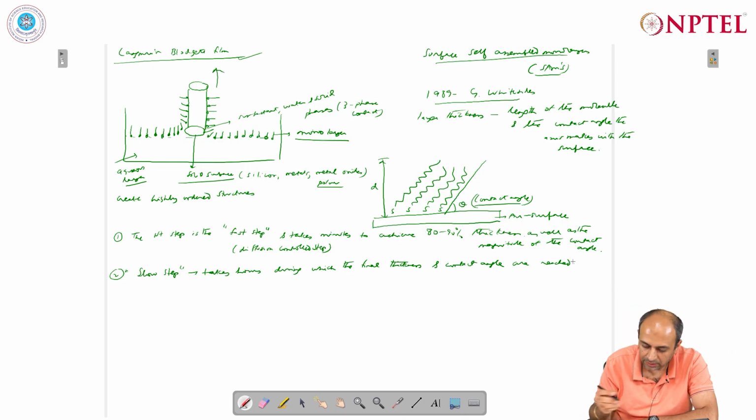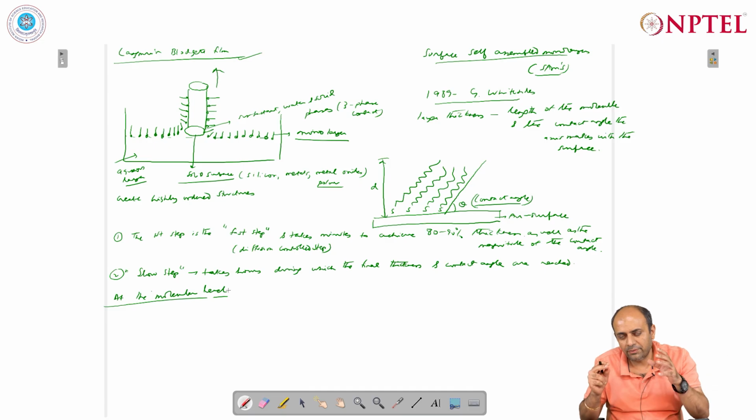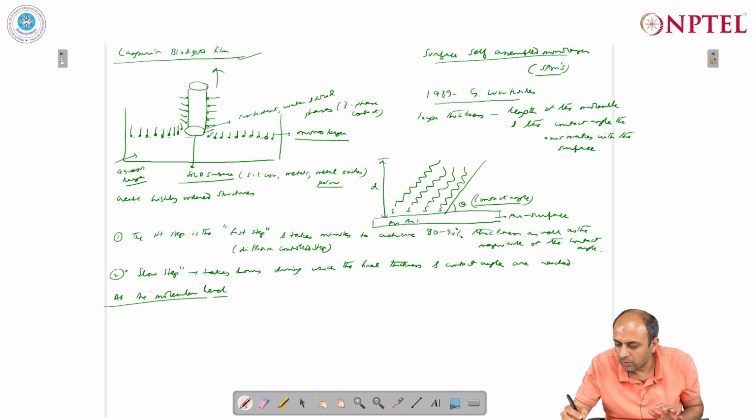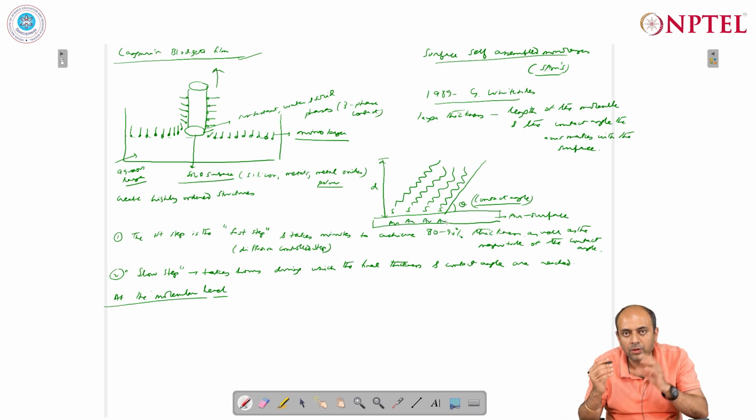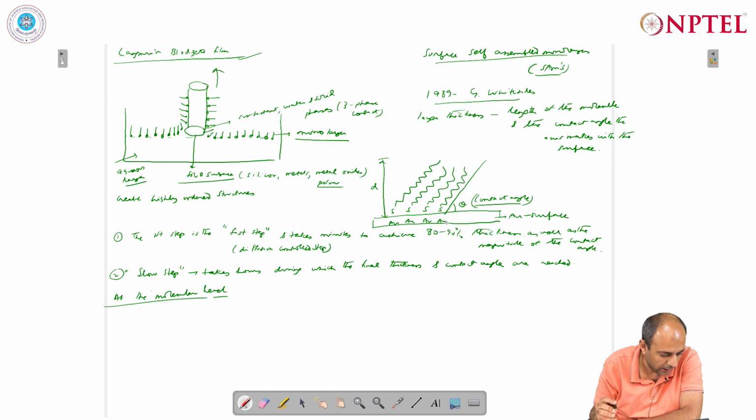And when these steps are taking place, what is happening at the molecular level? Why is the first step very fast? Because it involves the formation of a large number of these gold sulfur bonds. So, the formation of this large number of stabilizing gold sulfur bonds makes the process of coverage 80 to 90% complete. So, this is the interaction between the sulfur and the gold interface.